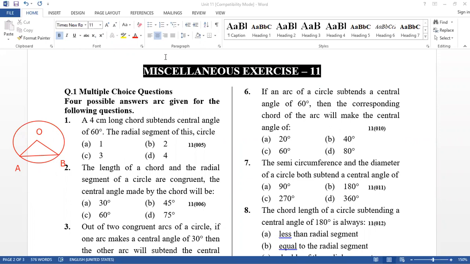And you will notice that if O is the center of the circle, then OA will be equal to OB, because they are the radii of the same circle. So radius is the same in one circle, and consequently OA and OB will be equal. Now AB is provided as 4 centimeter. In this triangle AOB, AB is equal to 4.